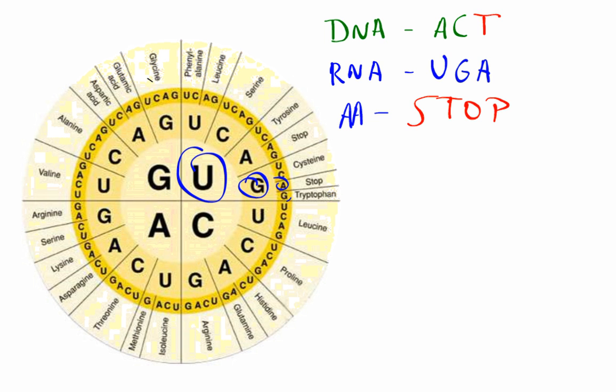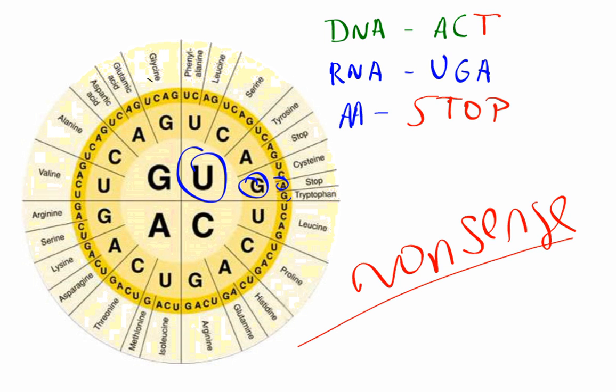It's an early stop codon, and an early stop codon is like, instead of the dog jumped over the fence, we're going to say the dog, and that's it. We just had an early stop in our sentence. This is a nonsense mutation. Early stop codon caused by a point mutation is called a nonsense mutation.